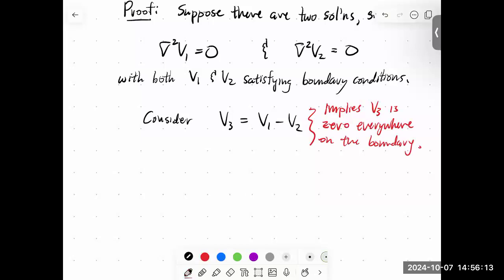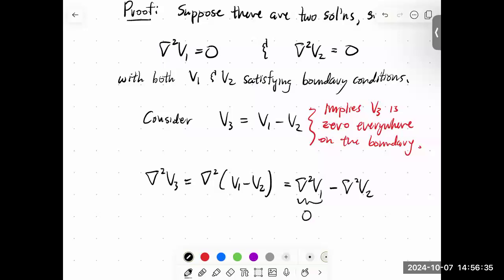Well, the other thing we can do is say the Laplacian of V3 is just the Laplacian of V1 minus V2, which is del squared V1 minus del squared V2. But we started by assuming that these were both solutions to Laplace's equation, so that has to be 0.